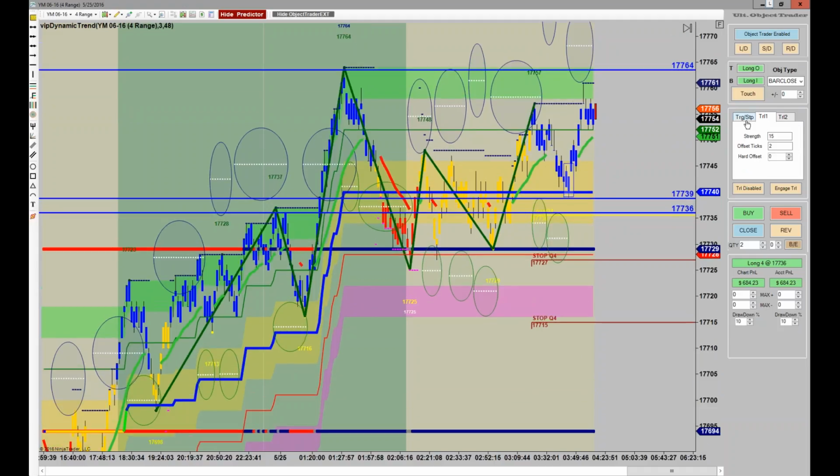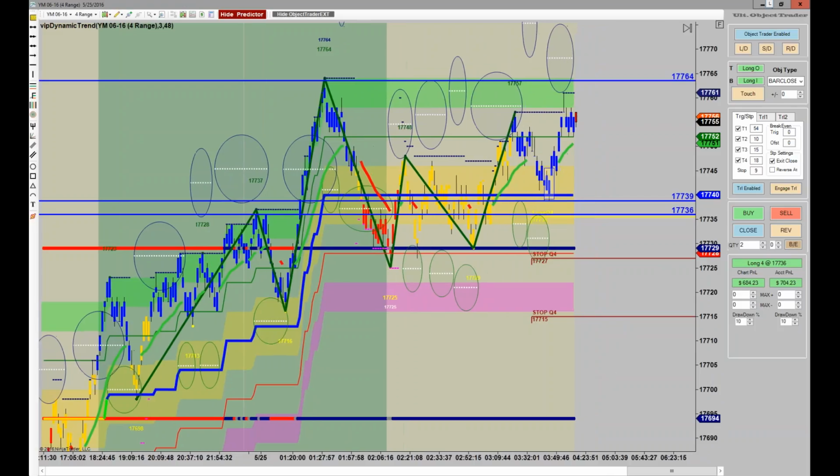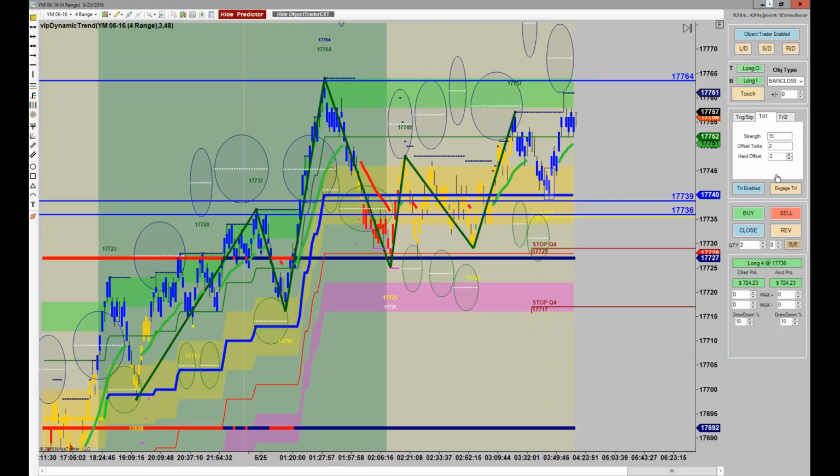You could actually then use this as your stop to do your exit on close and turn on your engage, and it'll pop it right up to it, should. Let's see, trail, engage. There we go. And then I'd probably offset it just a little bit and then re-engage it. That way you don't get taken out by a wick.